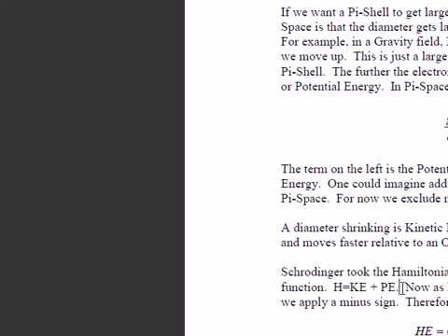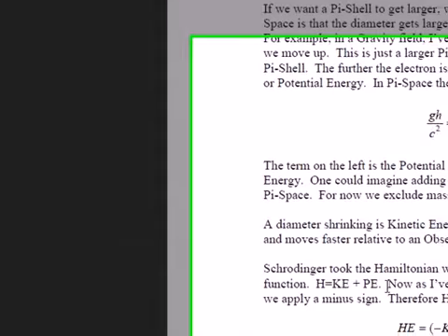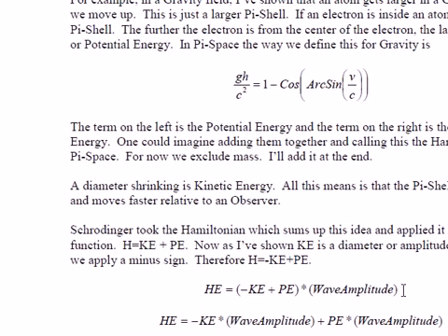which is here. And what Schrodinger did was he made the intuitive leap of saying, well, if the total energy of a system is its kinetic energy and its potential energy, and we know the wave amplitude, then it must be the kinetic energy and potential energy times the wave amplitude.